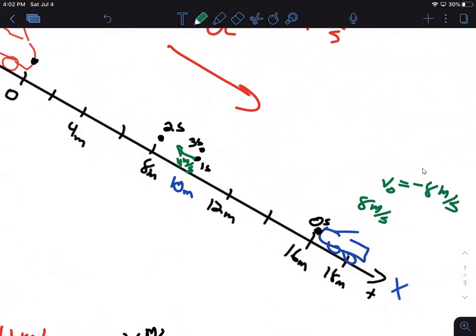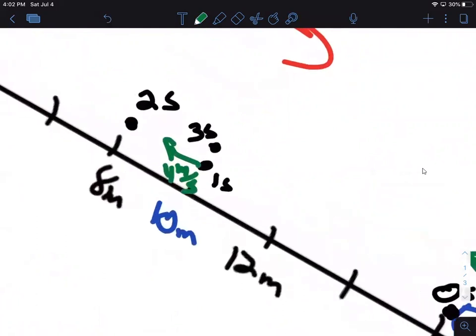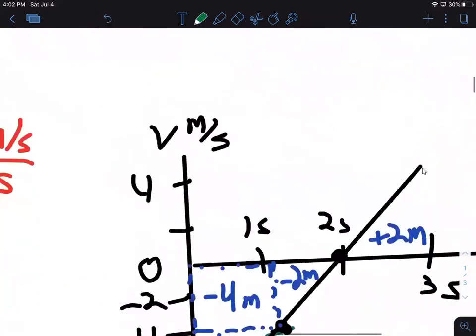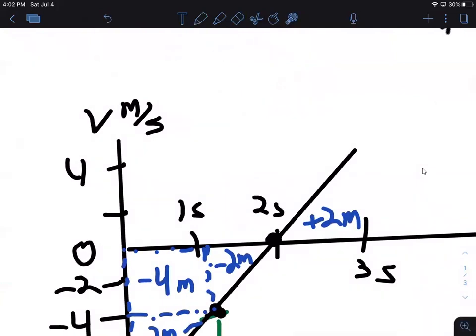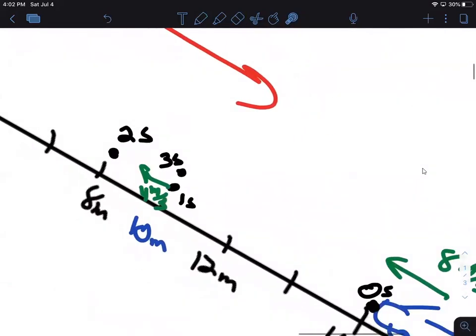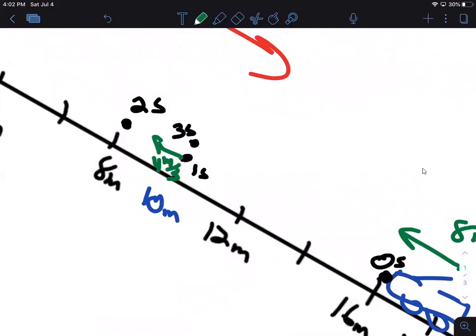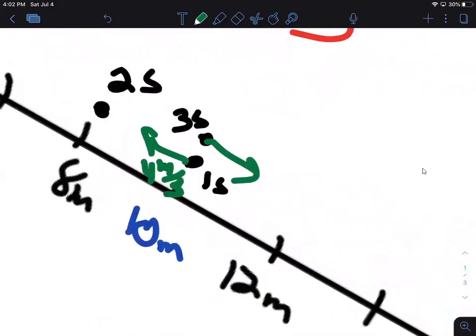I think I made that one too big now. At 2 seconds, I wouldn't draw an arrow because at that very instant, it stopped. And then 3 seconds, looking at my graph, it's going 4 meters per second the other way.